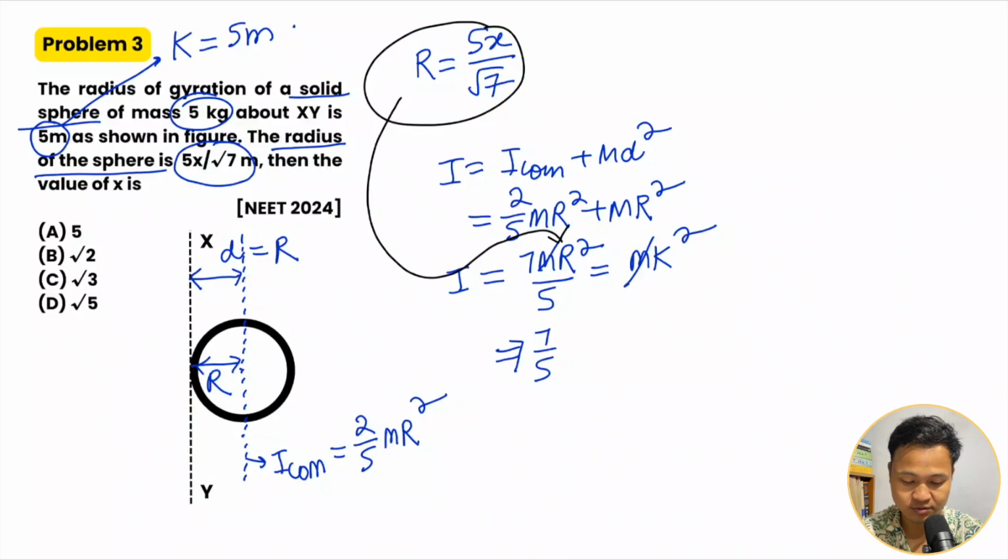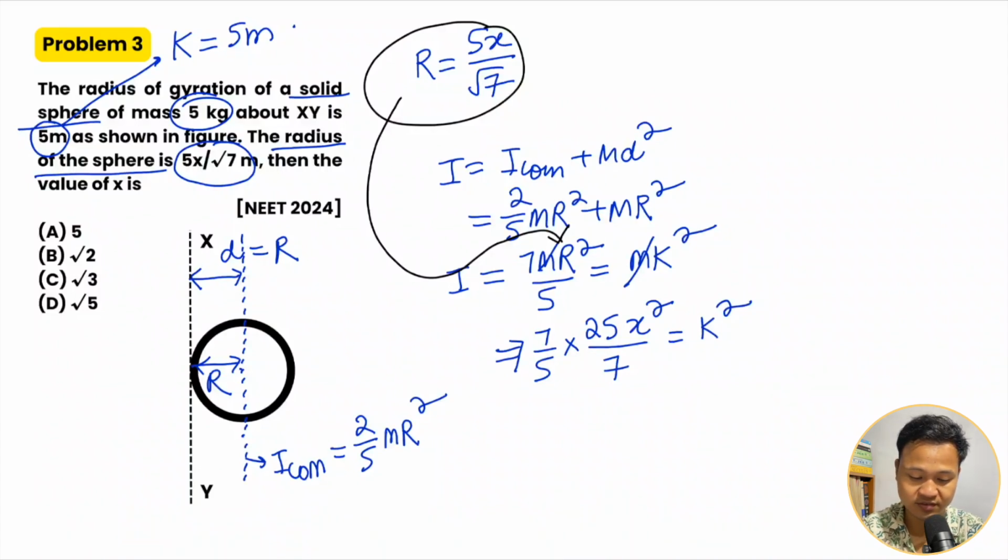So what will you have? With r equal to 5x divided by root 7, we get 25 x squared divided by 7 equals k squared.